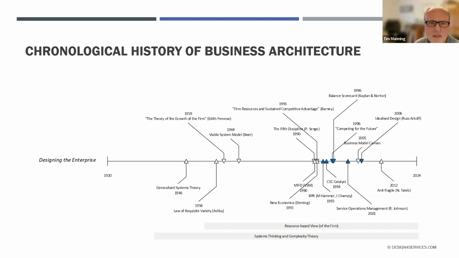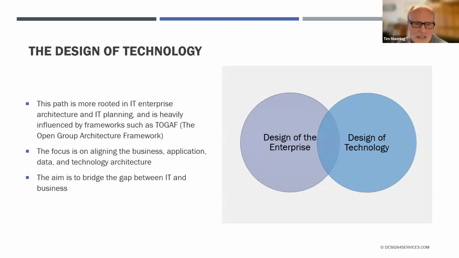But then we have the world of IT. Now, this is more rooted in IT enterprise architecture and IT planning, and it's heavily influenced by frameworks such as TOGAF. I don't know if you know TOGAF, but basically it's an enterprise architecture design framework. It's the principal one today. There are others, but that's the main one.